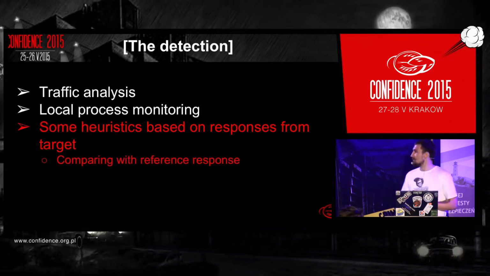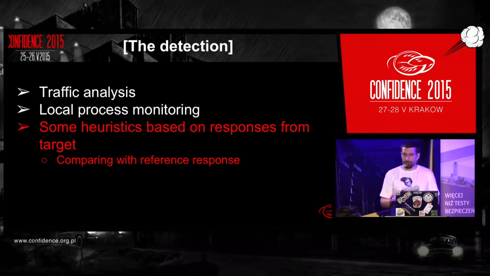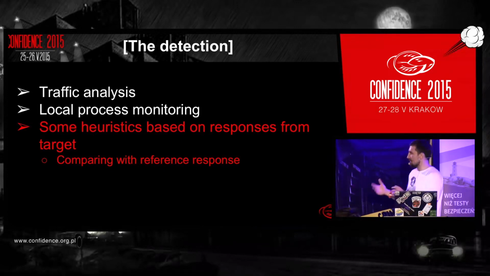There is one additional approach I placed in the heuristic based on responses. This approach is to compare with a reference response. Just before performing the fuzz testing, the tester, for example, needs to harvest as many valid requests and responses from the server as he can.